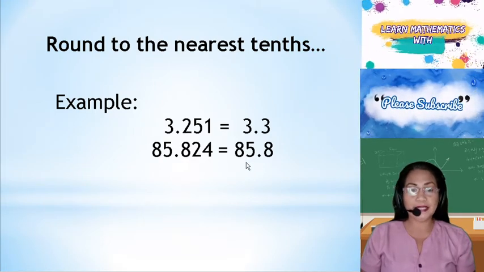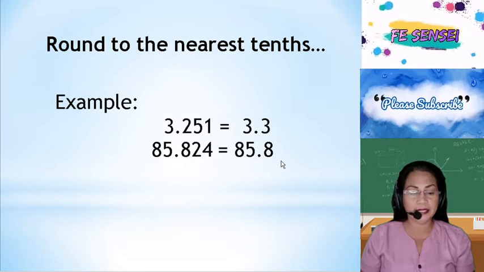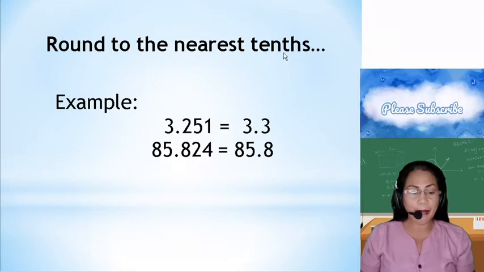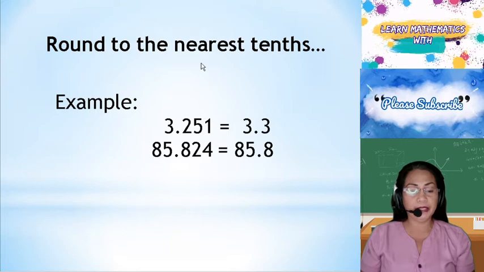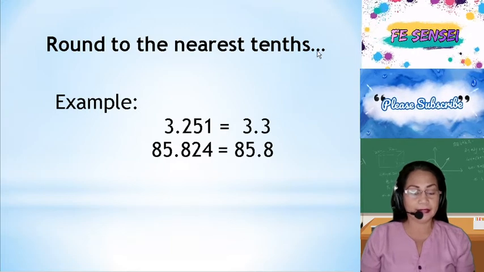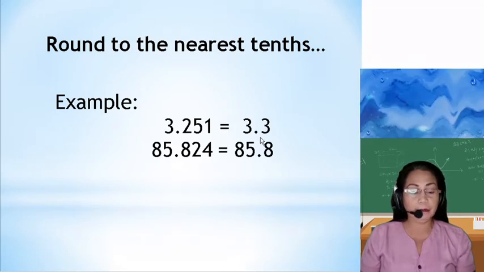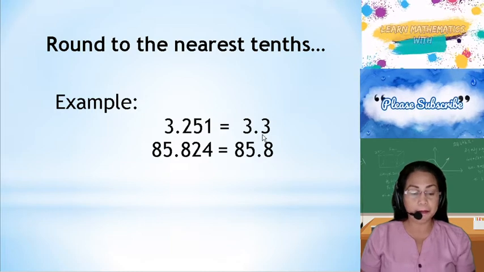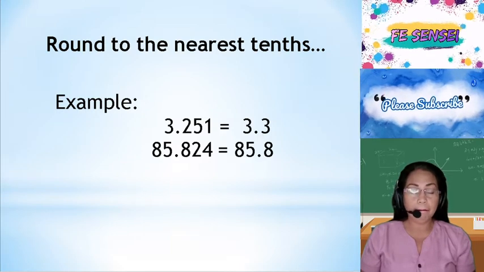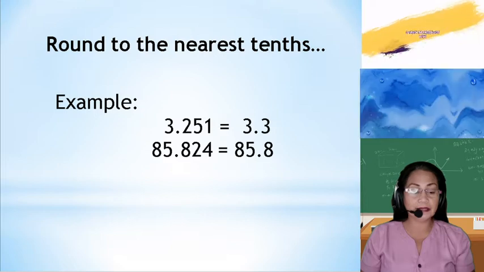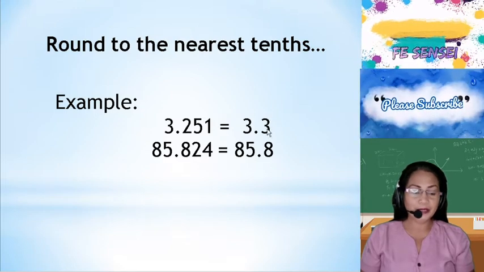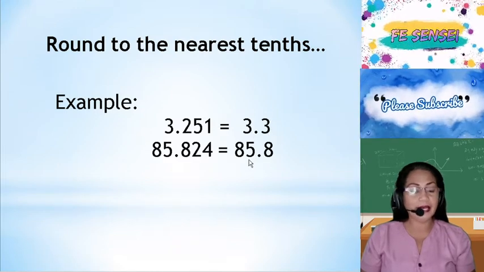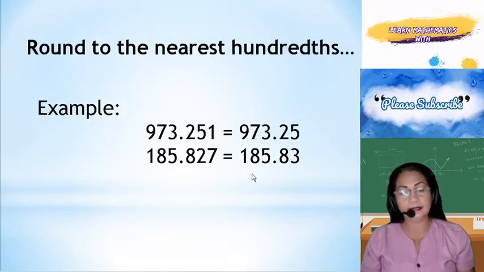So the answer is 85 and 8 tenths. Remember, we're going to round the number to the nearest tenths, so our answer should be up to the tenths place digit only. So the answer is 3 and 3 tenths, 85 and 8 tenths.